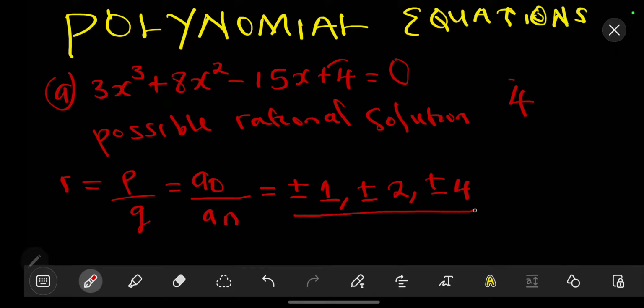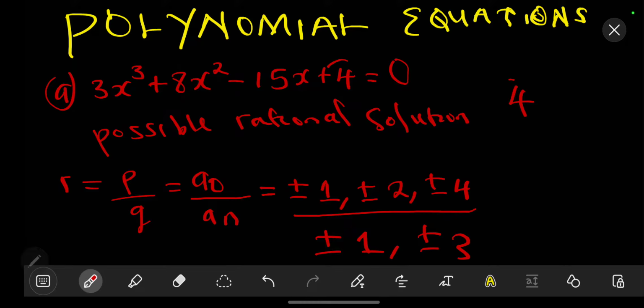Then we have over the AN, which is our 3. What are the possible values that can enter into 3 without leaving a remainder? So we have plus or minus 1 and plus or minus 3. These are the values which we can use to put them there, and they will be able to give us a certain solution.